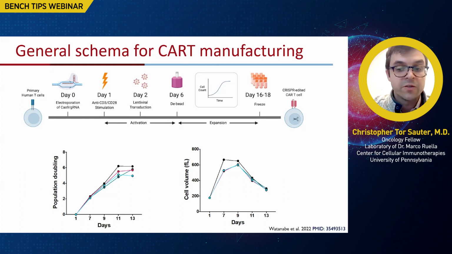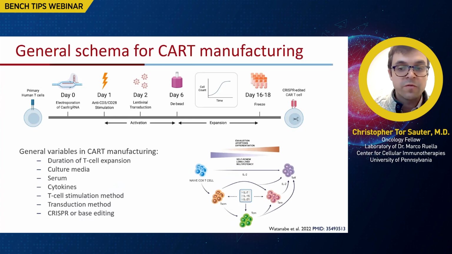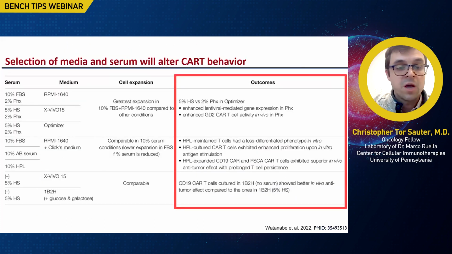So we monitor size to ensure that the T cells have truly rested down by the end of manufacturing, so that we can compare them accurately in assays. Some other variables that can change your T cell function during manufacturing include duration of T cell expansion, selection of culture media and serums, and the use of exogenous cytokines. This review highlights how changes in serum and media may change T cell behavior.